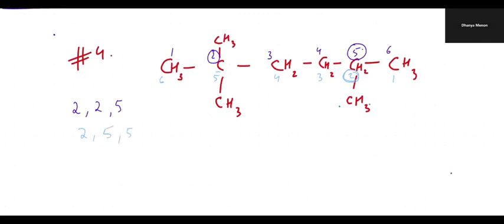Now, in both the ways, it's a long chain carbon atom. But the branches are getting different numbers. In such a case, what would you do? In such a case, you would use a rule called lowest sum rule.